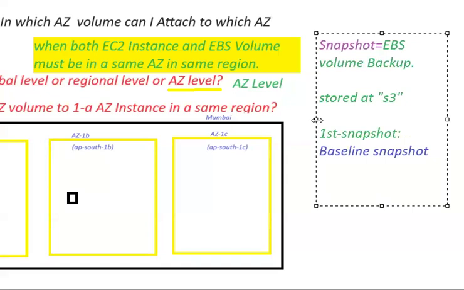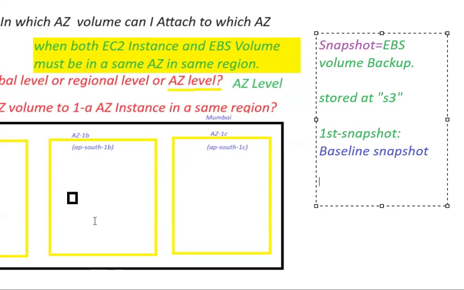So I call my first snapshot the baseline snapshot. Let's say I have this EBS volume and I have taken a snapshot of it. That snapshot is the baseline snapshot.